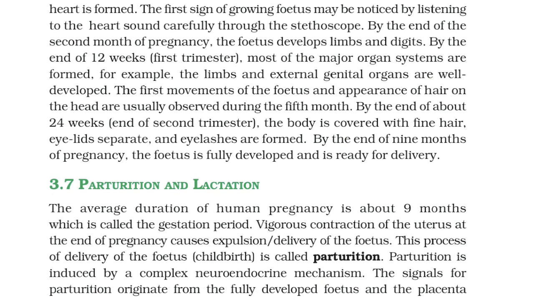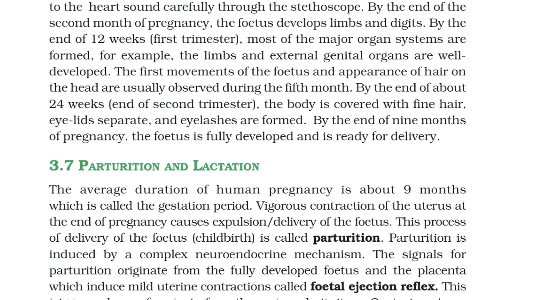By the end of 12 weeks, the first trimester, most of the major organ systems are formed. For example, the limbs and external genital organs are well developed. The first movement of the fetus and appearance of hair on the head are usually observed during the fifth month.